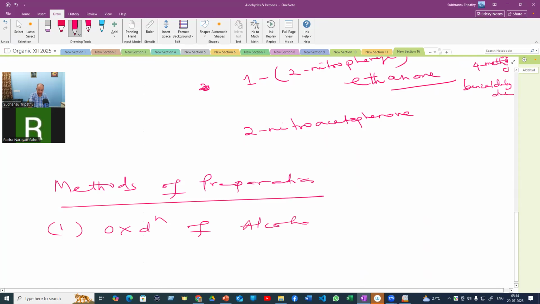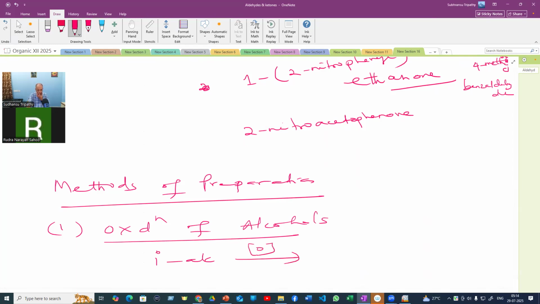You already know that 1 degree alcohol is oxidized to aldehyde. Of course, you have to have a specific reagent. 2 degree alcohol gives ketone.